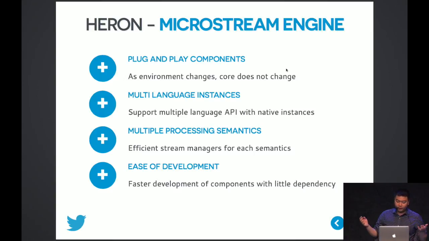You can support multiple languages with the instance. And then you can implement your own components supporting other semantics, for example best efforts semantics, or exactly once, or at least once semantics if you want, very easily. It's also very easy for development because we have well-defined SPI, and we have few dependencies between different components, so you can develop on one without taking care of the rest.